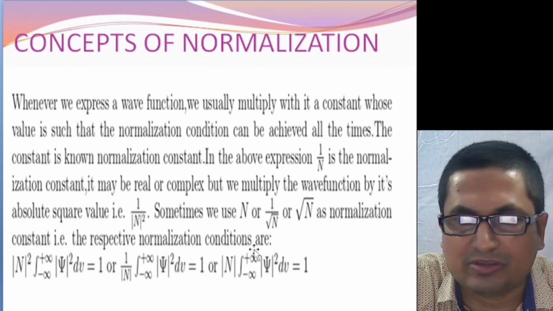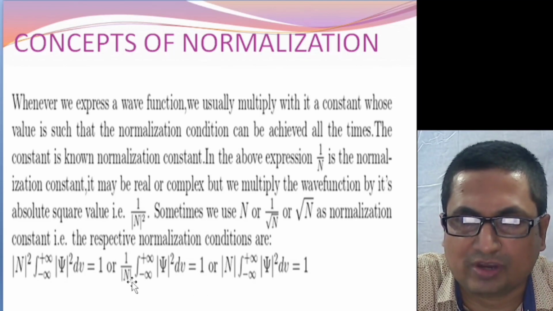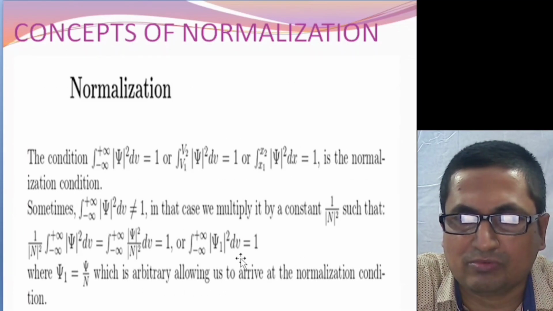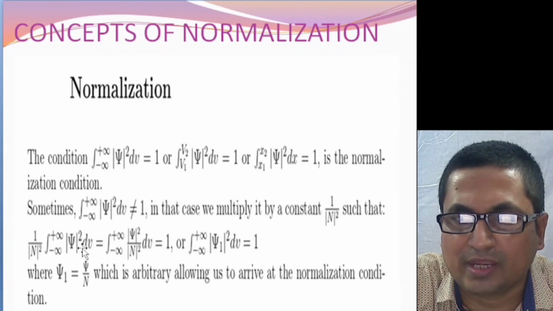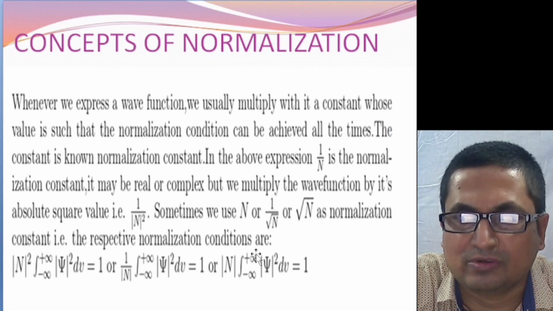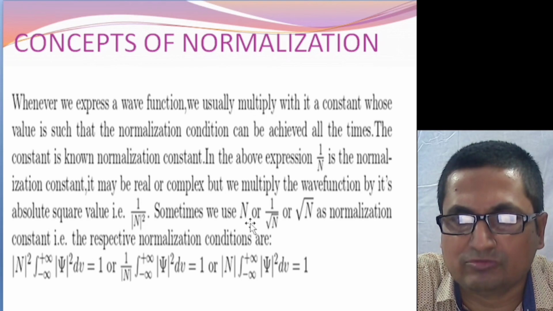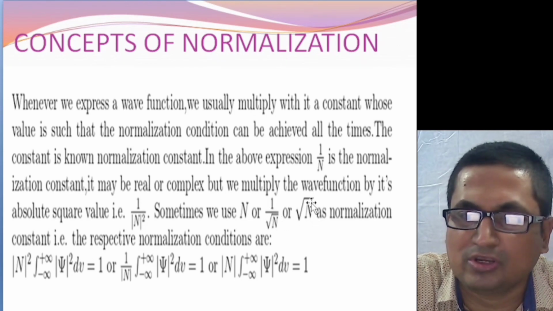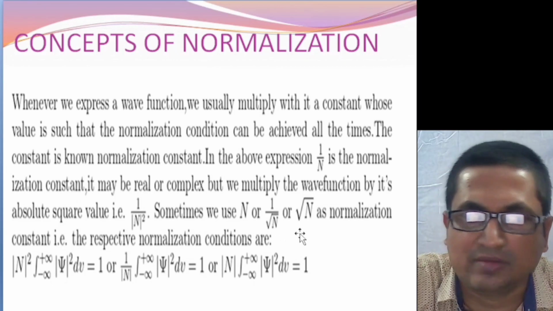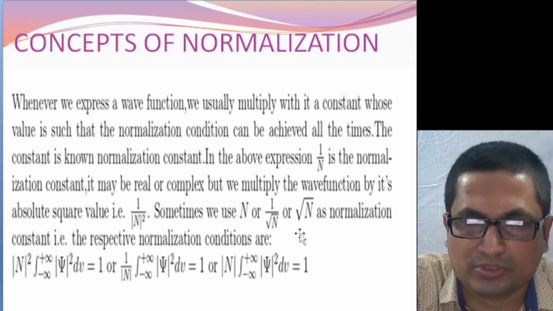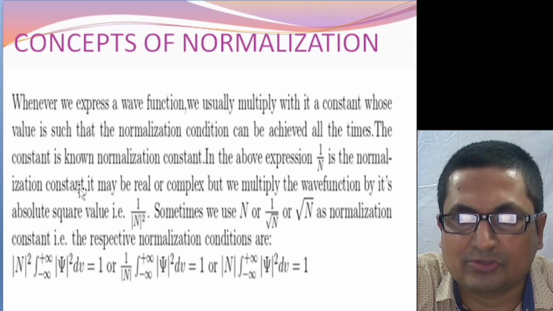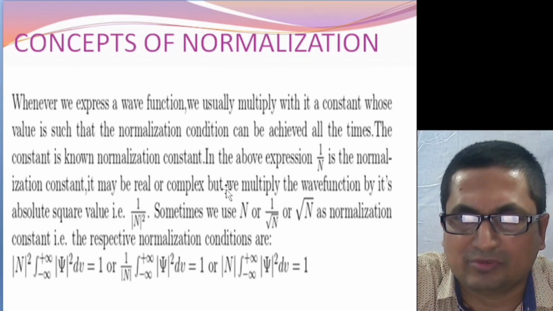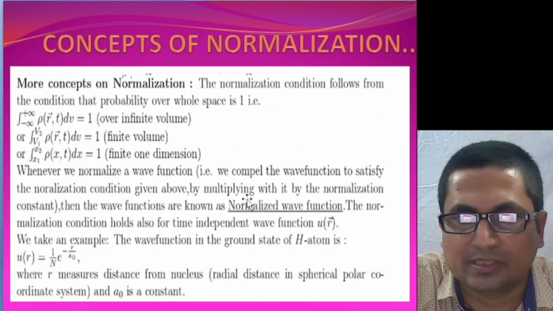Since these wave functions are arbitrary, wherever we take 1 by n, or n into psi, or psi by square root of n, or square root of n into psi, in every case the normalization condition will be satisfied. So this normalization constant does preserve the fact that the probability is always equal to 1.